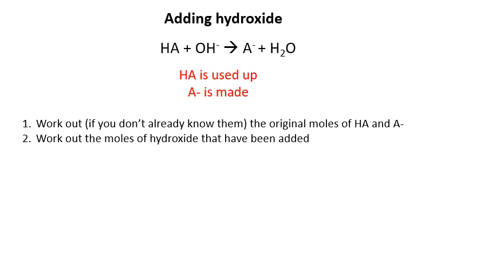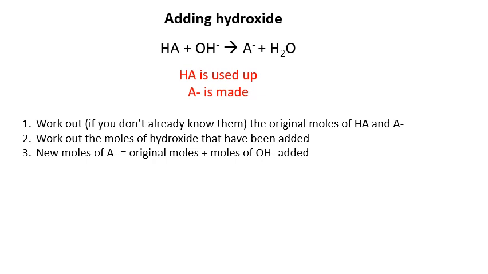So if we first of all look at the A-, we know the original moles, but we also know we're making more. So to work out the new moles of A- after this addition of hydroxide, we take our original moles and we add the moles of hydroxide that we added. So you take your original moles of A- that you worked out in step 1, and you add the moles of hydroxide that you worked out in step 2, and that will tell you the moles of A- that you've got after this addition.